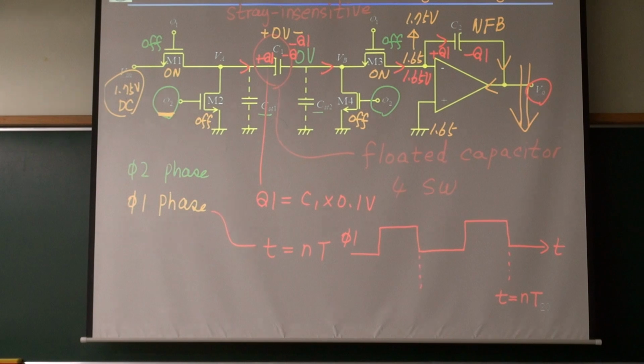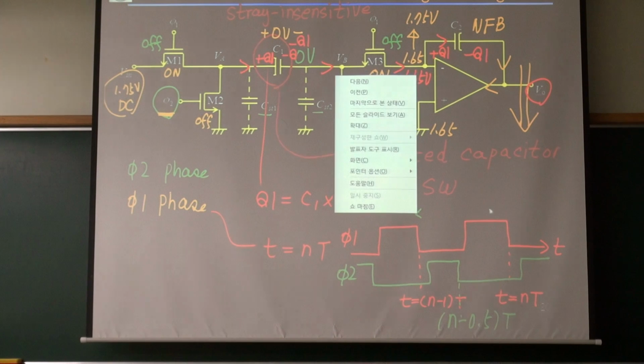This equal t equal (n minus 1)T. Okay. I have pi2 also here. So my pi2 is just this one, right? I assume this time point is (n minus 0.5)T, okay? Yeah, this is my T, period.